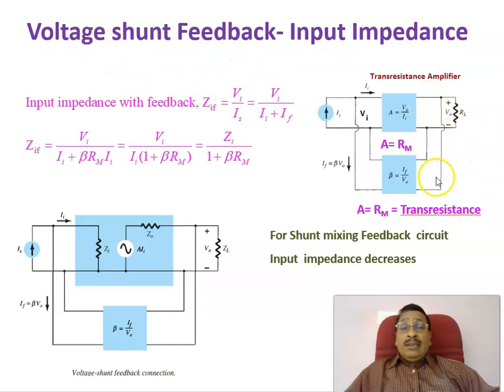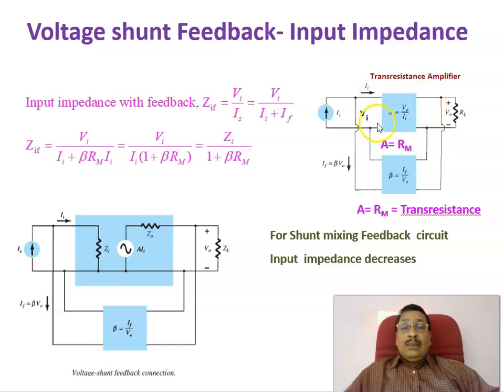Therefore, we are tapping the voltage information from the output, and the input is the current. As far as the amplifier is concerned, the output is a voltage and the input is the current. Voltage divided by current is a resistance. That is why we call this amplifier a transresistance amplifier. This is a transresistance amplifier represented by Rm that converts the current into the voltage.